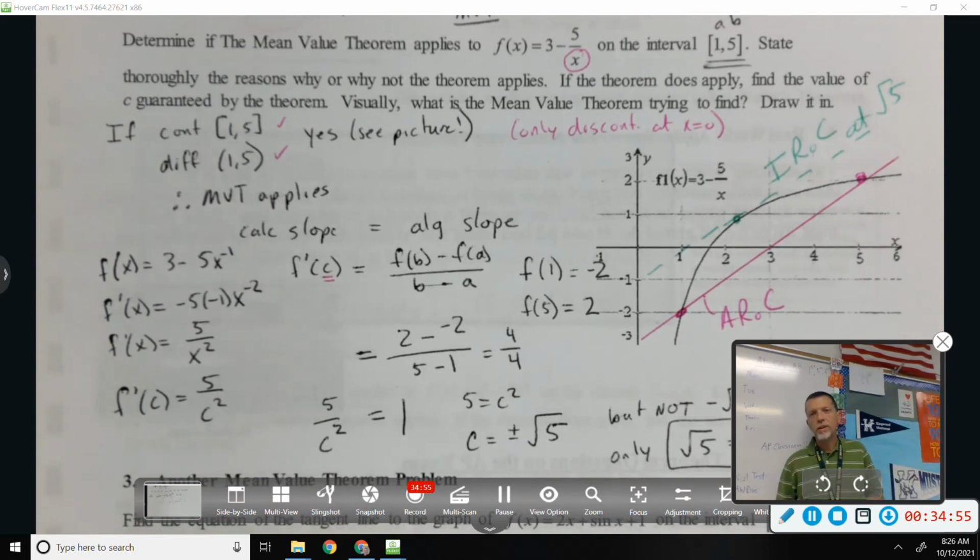Mean value theorem: calculus slope equals algebra slope. Average rate of change equals instantaneous rate of change somewhere. And the somewhere is the algebra part of the problem.